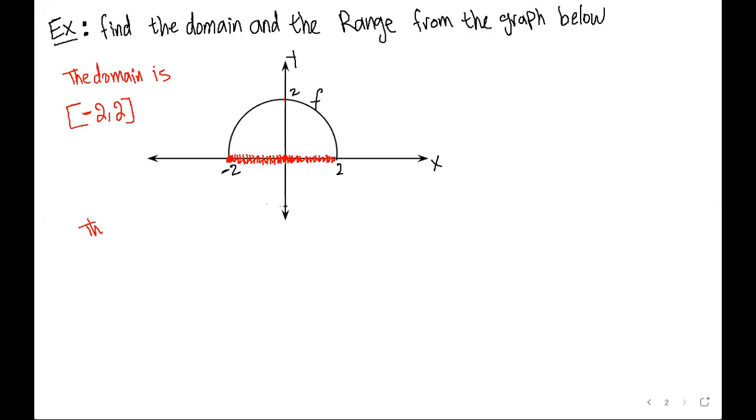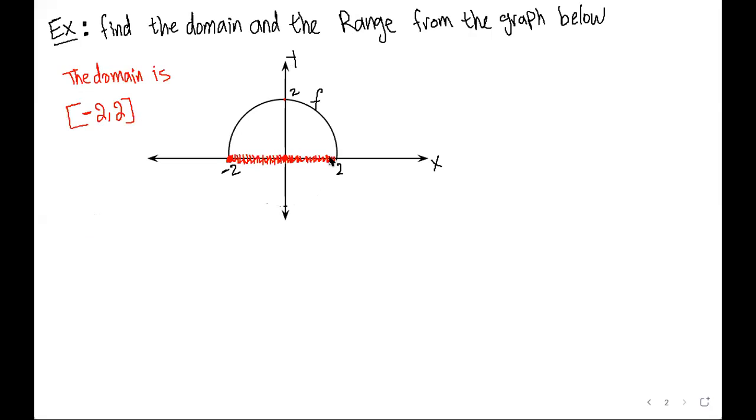What is the range for this function? 0 to 2, including both values. Is it closed or open, Angel? Closed.